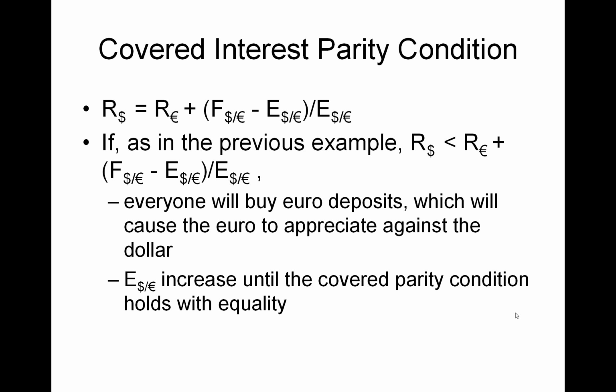If, as in the previous example, we have a case where the rate of return on the dollar deposit is less than the rate of return on the euro deposit plus the forward premium, then everyone's going to buy euro deposits, which will cause the euro to appreciate against the dollar. This will cause the current spot rate to increase until the covered parity condition will hold with equality. So again, this is sort of the same proof that we looked at earlier in the non-covered situation.